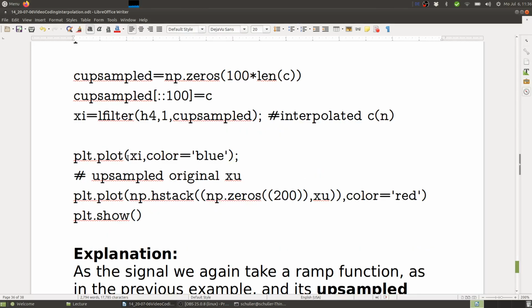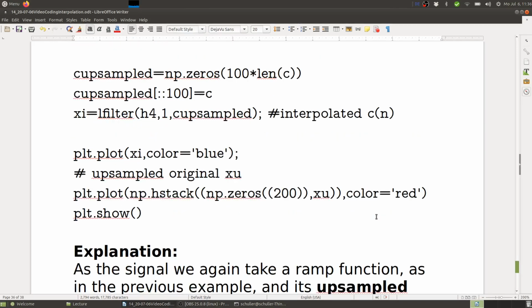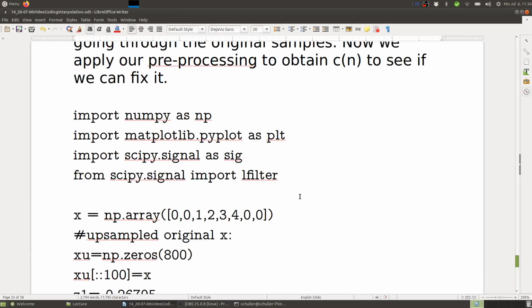So now we plot the upsampled interpolated version on top of the original XU, which is then red. And then we can take a look at it. So now I can copy and paste it.